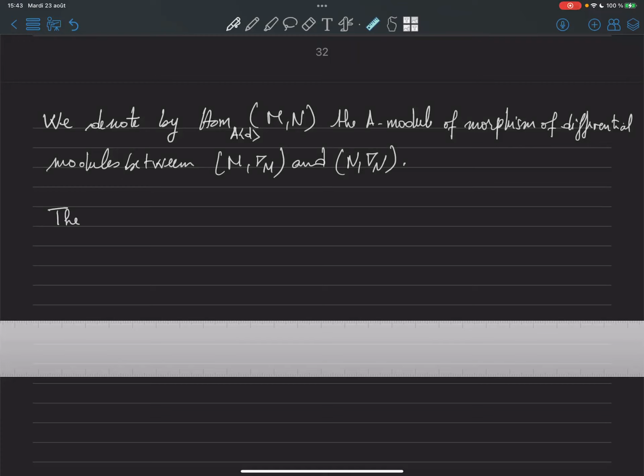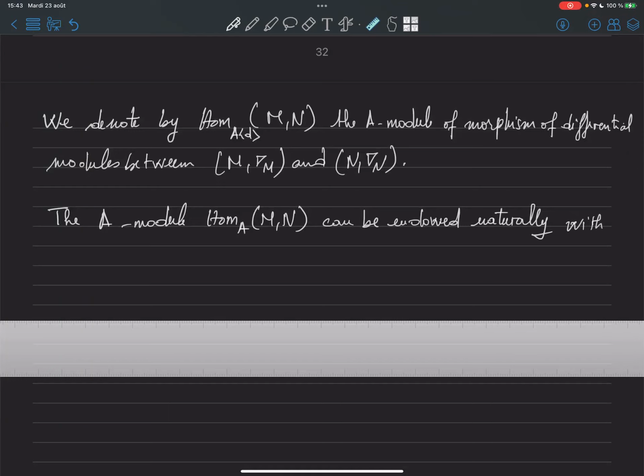If we have two differential modules, we can construct a new one by considering the A-module of homomorphisms.